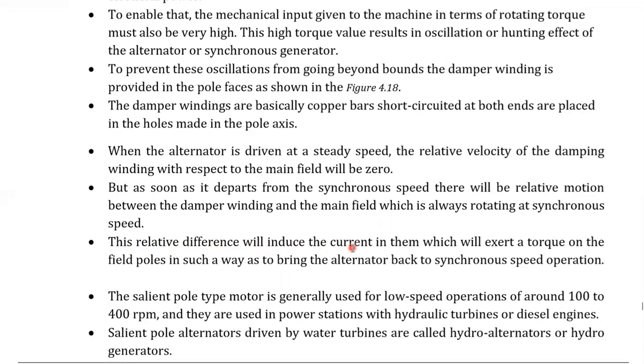If the rotor is rotating above or below synchronous speed, the relative difference induces current, which produces torque on the field poles in such a way as to bring the alternator back to synchronous speed of operation.